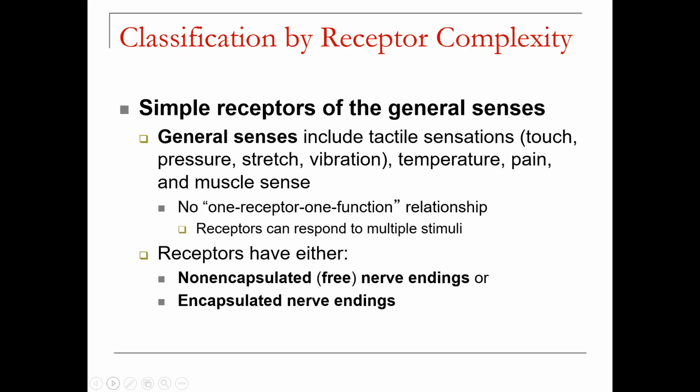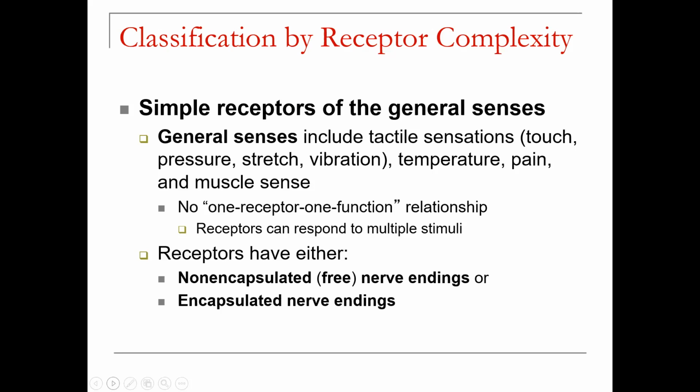They're much more specialized. A receptor that's designed to pick up distortion of the nerve ending is a mechanoreceptor, and so it can have a pretty wide range of activity. There are multiple stimuli that can trigger mechanoreceptors and tactile receptors.